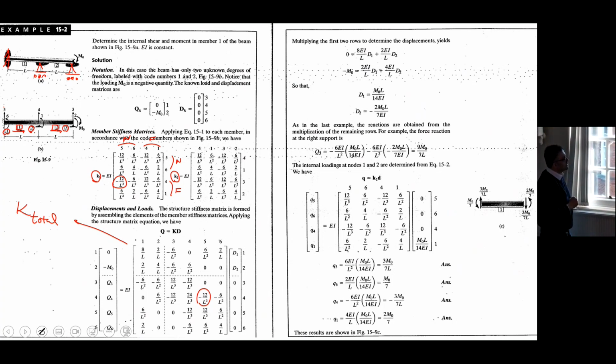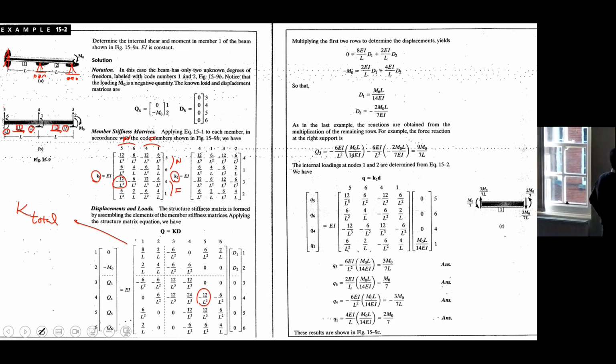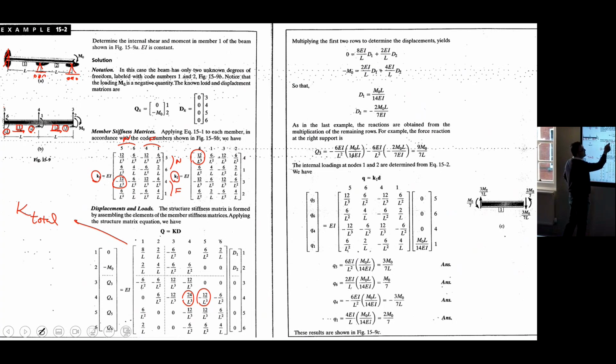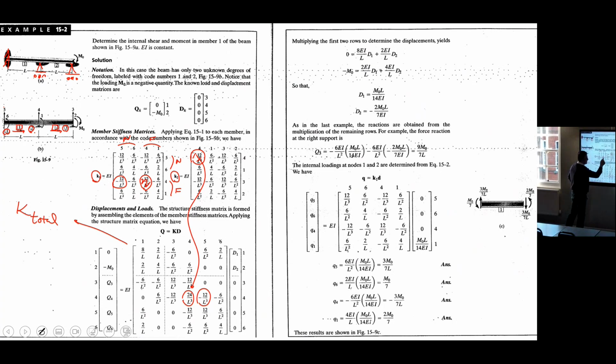Let's take a look at this number. This one, 4x4, 4x4. Why is this 24, and this 12? Because it takes another number from the 4 here. These 2 both go here.